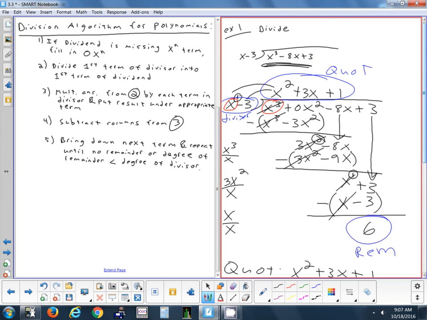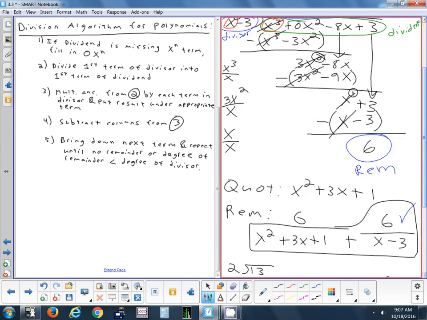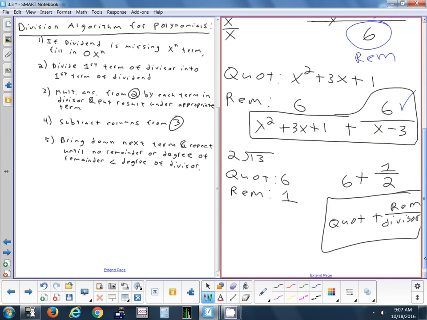The thing under here, that's called the dividend, x cubed minus 8x plus 3. I can label that too. I'm not going to circle that one in blue because that's not part of the final answer. It was part of the original problem. That's your dividend. So quotient, divisor, dividend, remainder. Yep, good question though. A lot of different terms.